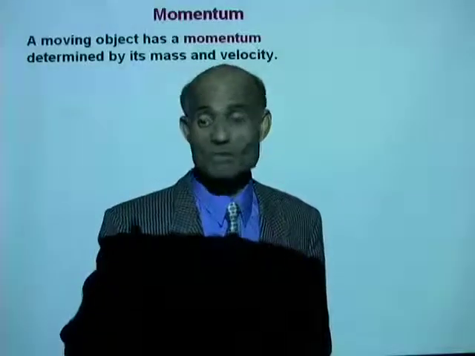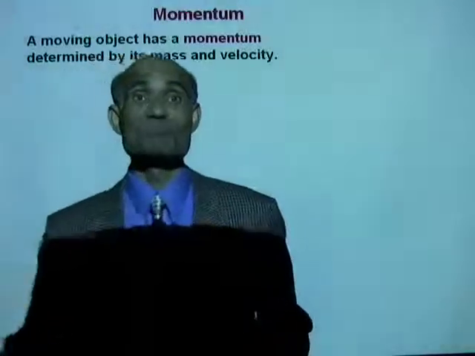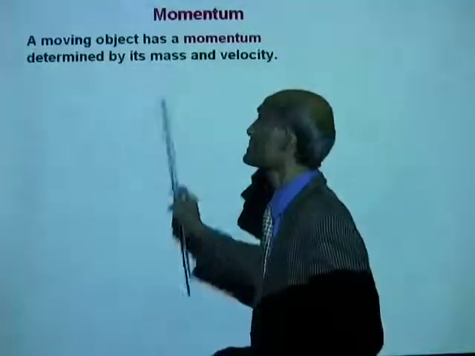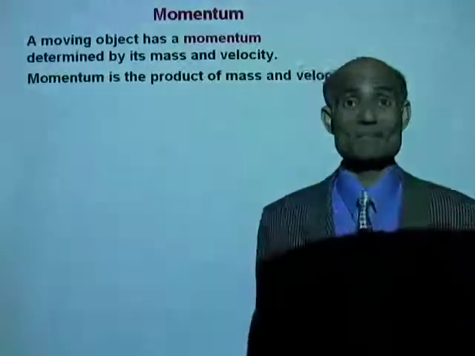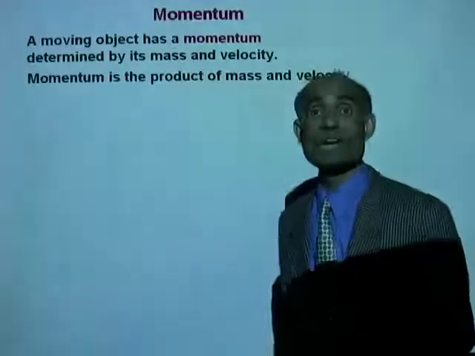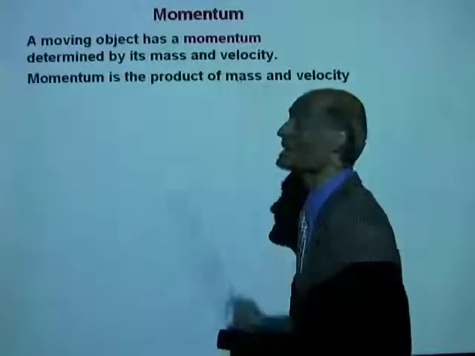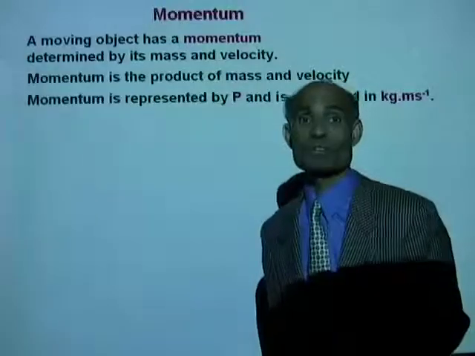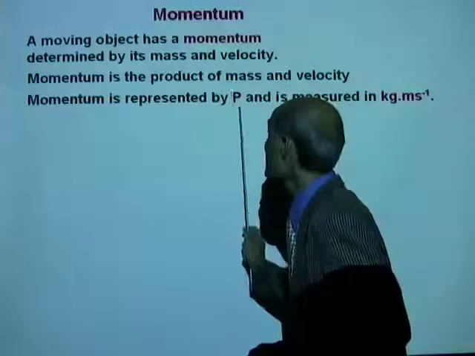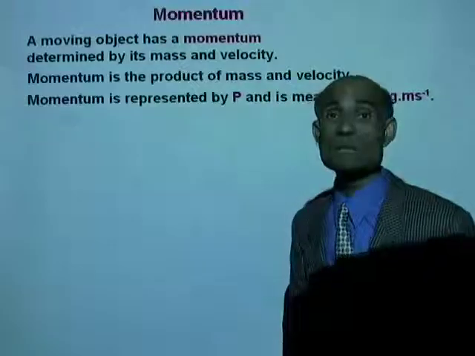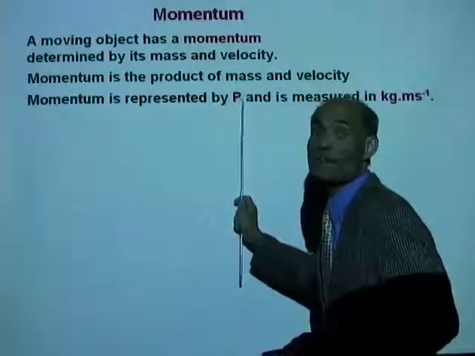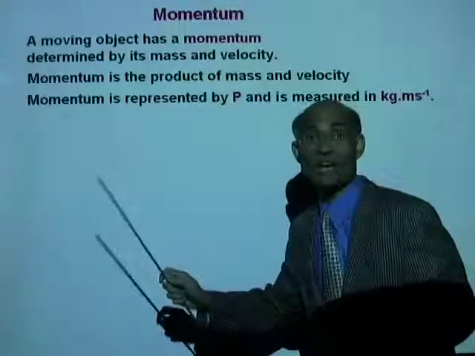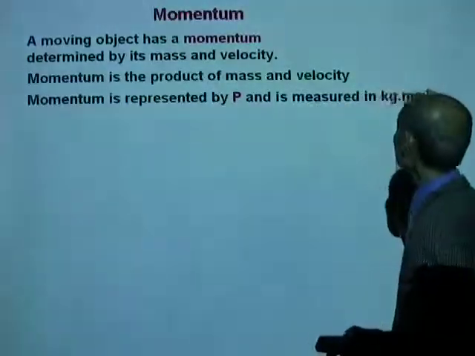Alright, let's put this in. So, a moving object has a momentum determined by its mass and velocity. And how do you measure momentum? Momentum is measured as the product of its mass and velocity. We will represent momentum by the uppercase P, and if you measure momentum as the product of mass and velocity, what will be its unit?